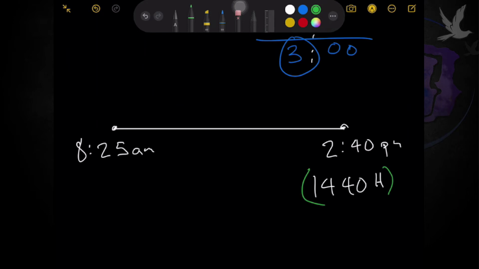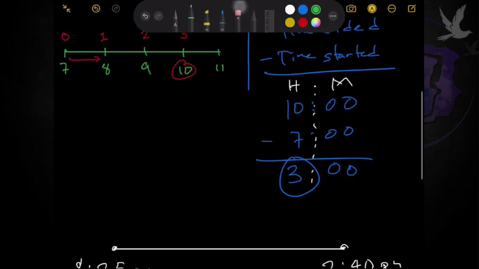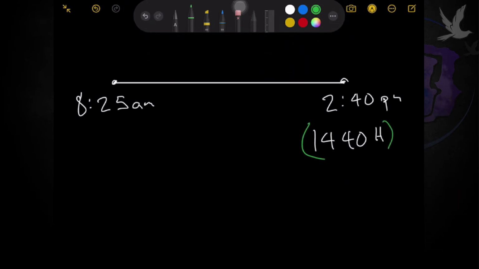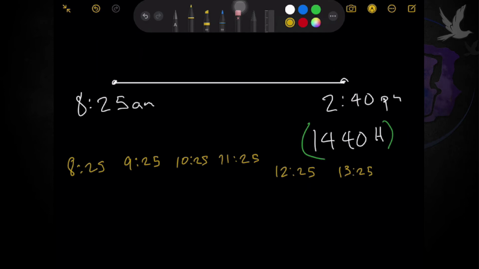Again, there are two ways. One is the timeline. The other one is by basically subtracting. Okay, timeline first. Let's skip count. Starting at 8:25, skip count by the hour: 9:25, 10:25, 11:25, 12:25, then you have 13:25, because we are using the 24-hour clock for the next hour.